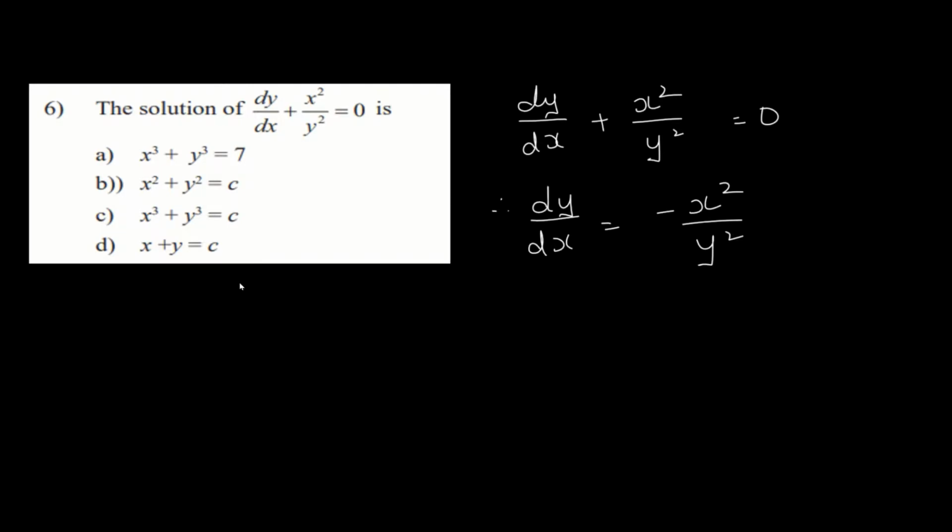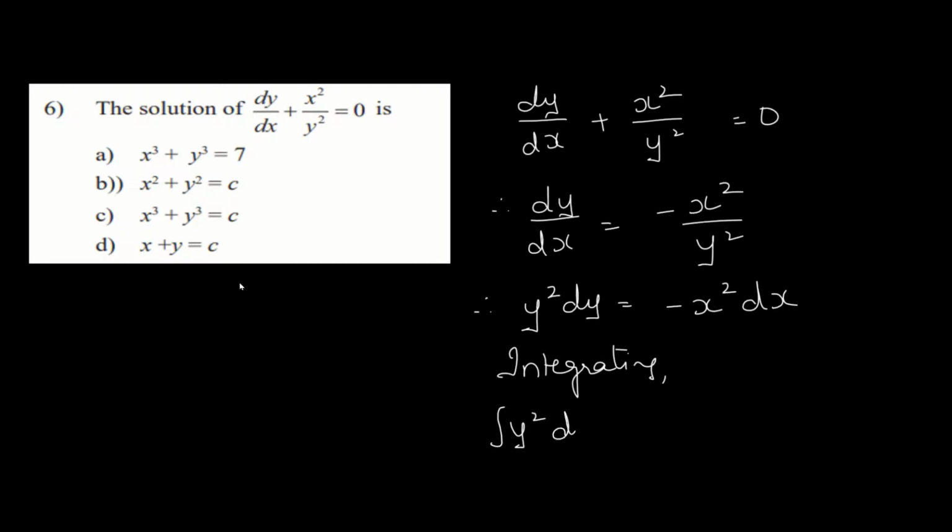Bring the variables on both the sides, that is, separate the variables. So therefore we get y square dy is equal to minus x square dx. Now we integrate both the sides. So integrating, we are going to get integral y square dy is equal to integral minus x square dx plus c.